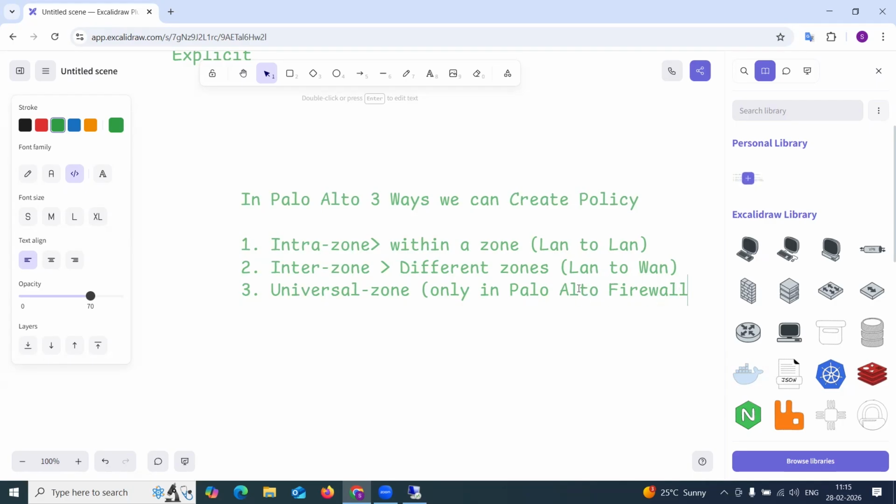Universal means intrazone and interzone both at a time.